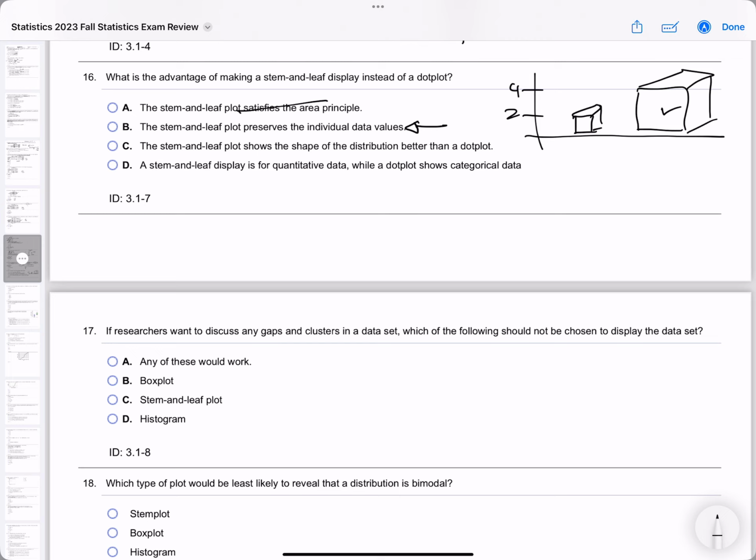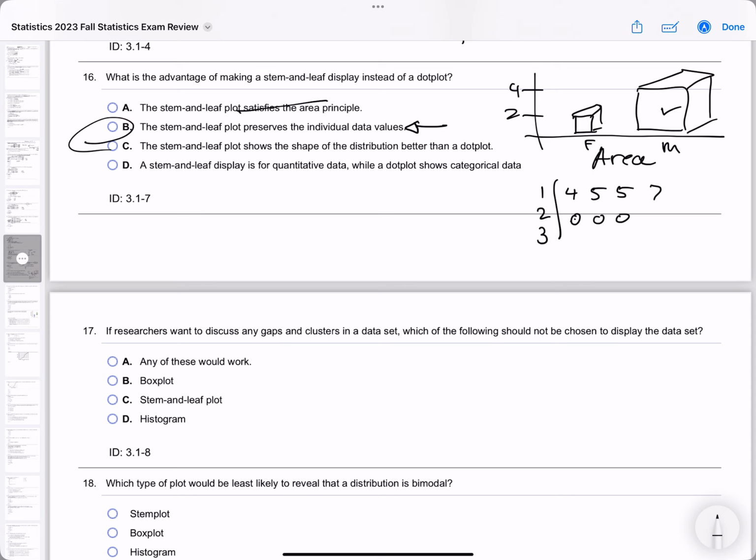It looks like it's 8 times as big because we're using volume. That would be a violation of the area principle, and that's bad because this is not a good representation of, let's say, how many females are somewhere and how many males, and it looks like there's way more by just looking at it when there was just twice as many. And then the stem and leaf plot is when I have this 1, 2, 3, and I have 4, 5, 5, 7. Anyway, you can actually see the values.